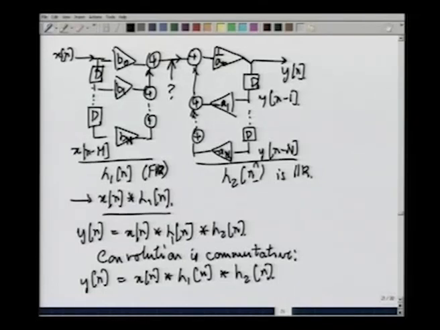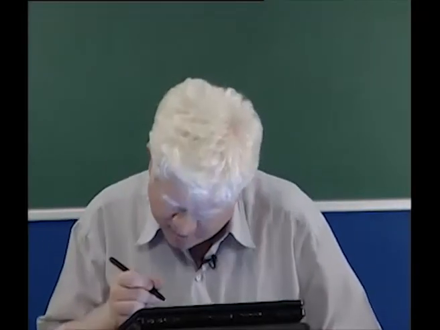Sorry, this is what we had already done. What we want is to reverse the order of the two convolutions and write h2n over here and h1n over here. What does this serve? What help does this give us? What do we get out of doing this? That is what we will now see.